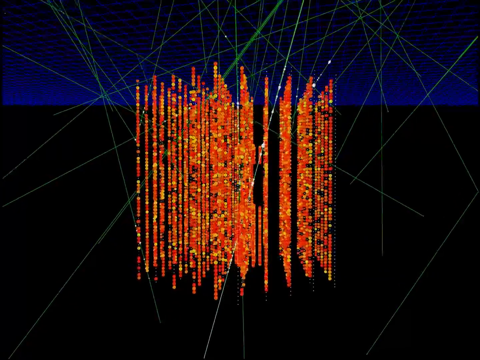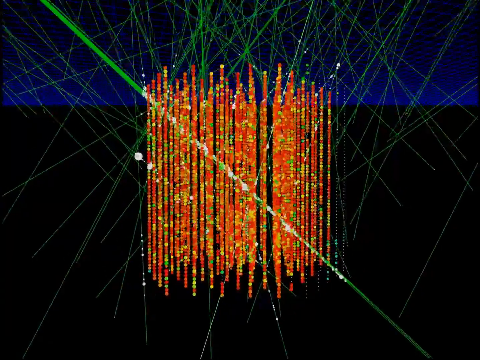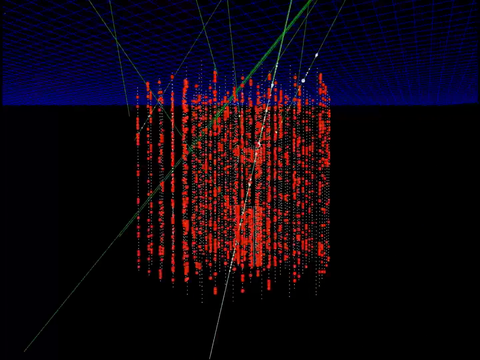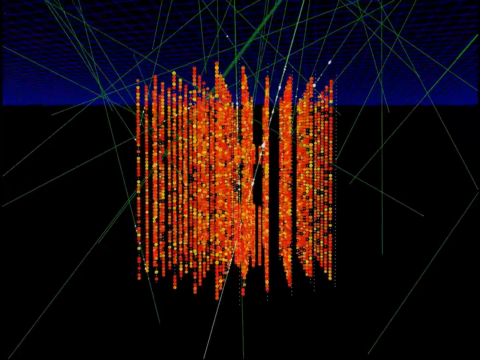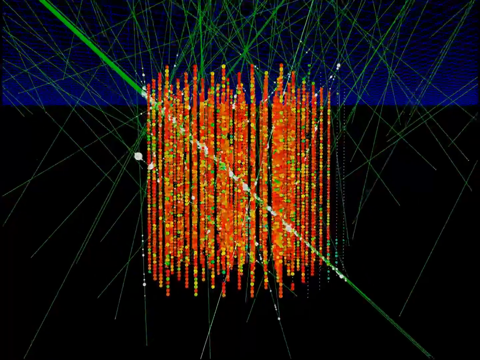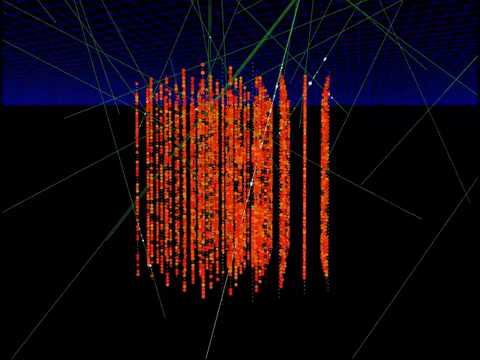Okay, so these are the DOMs again, but these are the thousands of muons that are coming through and hitting this, and that was one big giant bundle of muons that came through. And so this is all uninteresting data that we have to filter out using the computers.